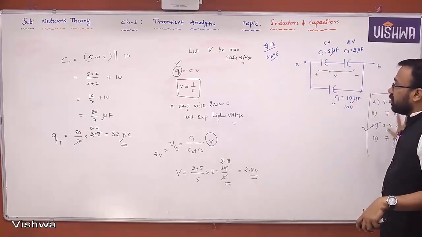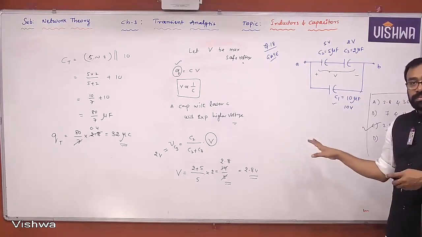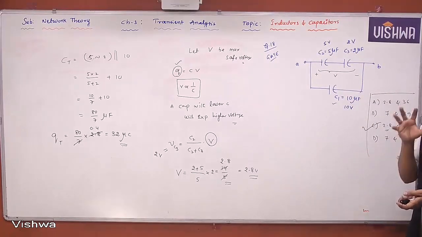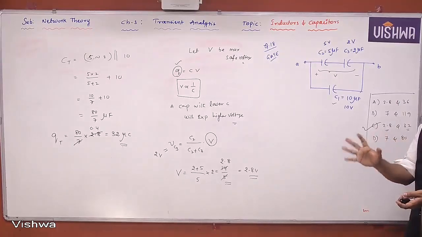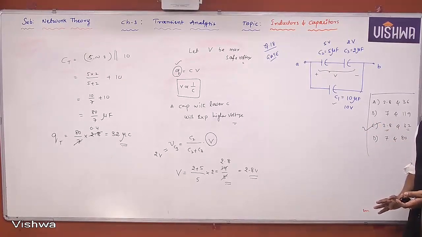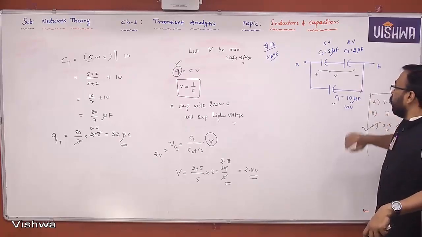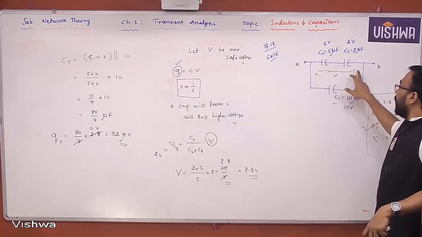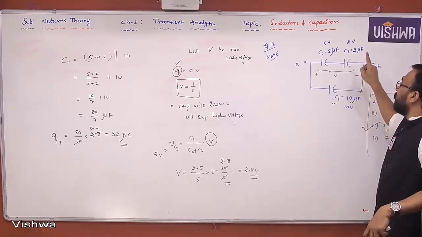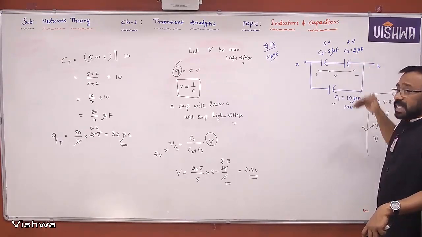So, my dear students, you must be very careful while answering the questions. If you learn the concept, then you can answer the question in any form it is asked. What is the concept that we are following here? Maximum safe voltage means, especially when the elements are connected in series, you have to take the capacitor which offers the lower capacitance into consideration.